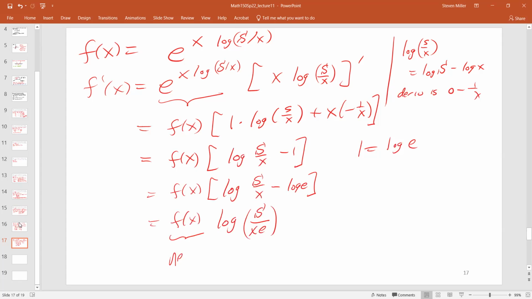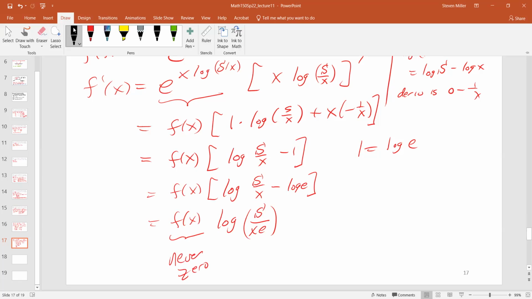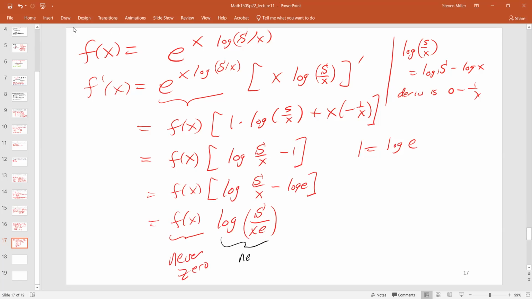This is never 0, because f of x is the exponential of something, it's never 0. So we need this log to be 0. So what number, when you take the logarithm, do you get 0?